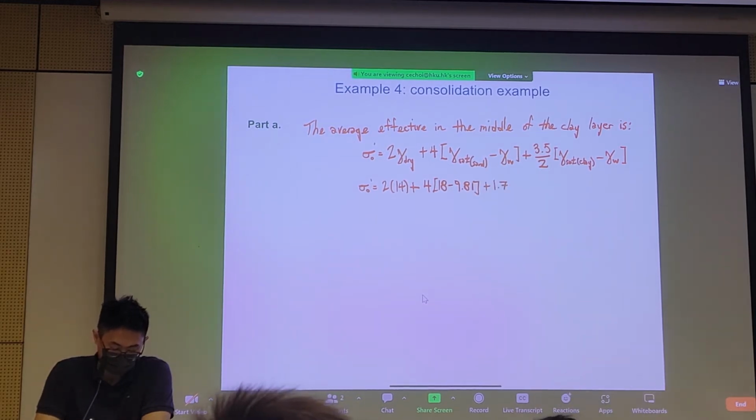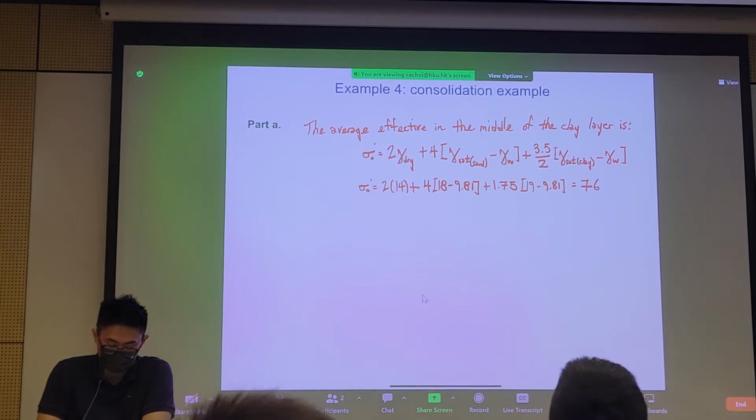Half of 3.5 is 1.75. And again, we calculate our effective unit weights, and we get an average effective stress of about 76 kPa.